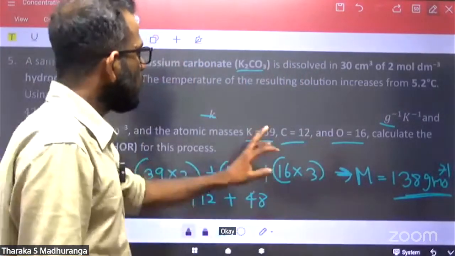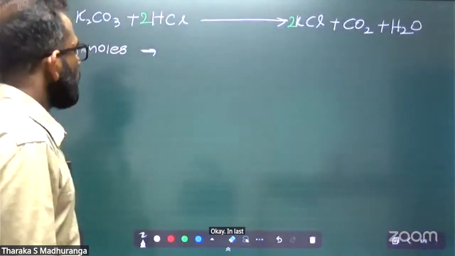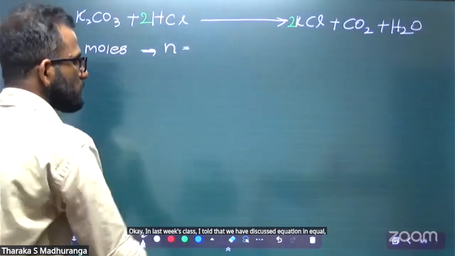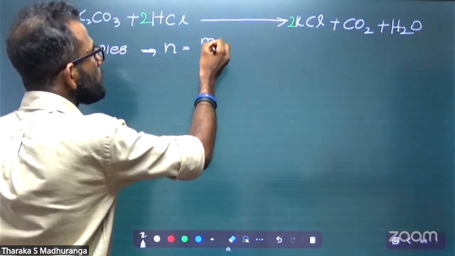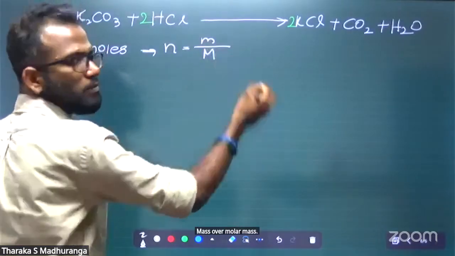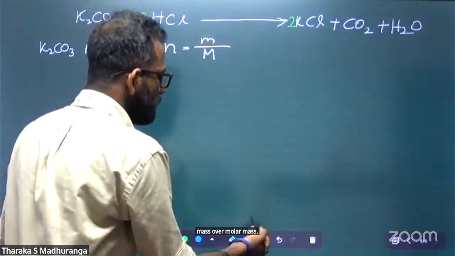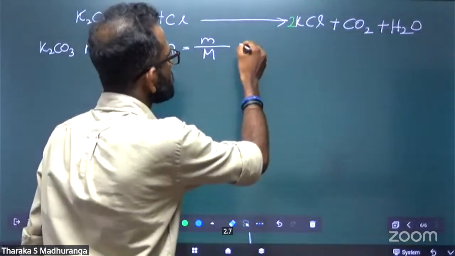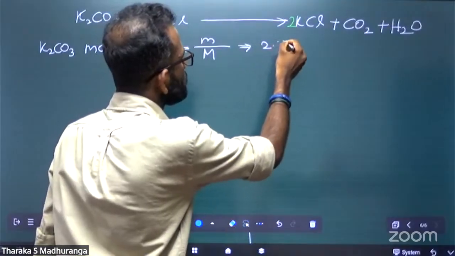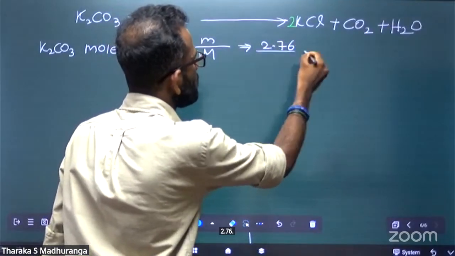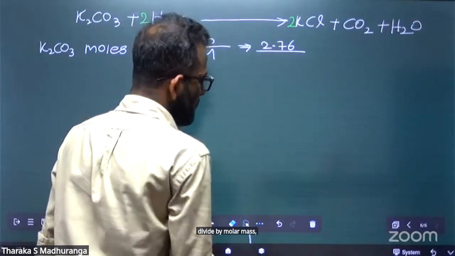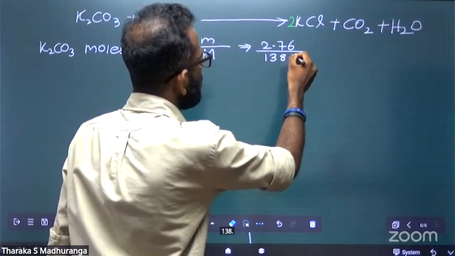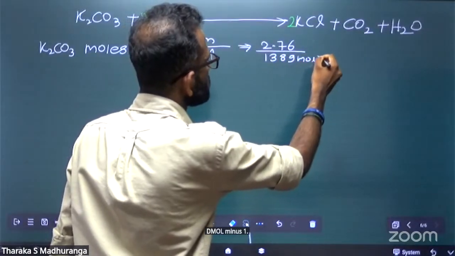Okay. In last week class, we have discussed equation n equal mass over molar mass. The mass of K2CO3, 2.76 divided by molar mass 138 g mol^-1.